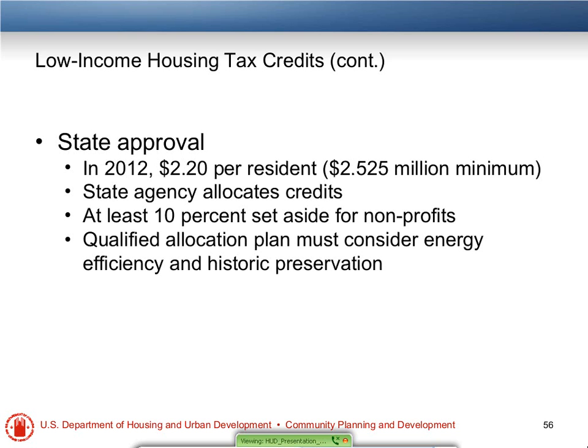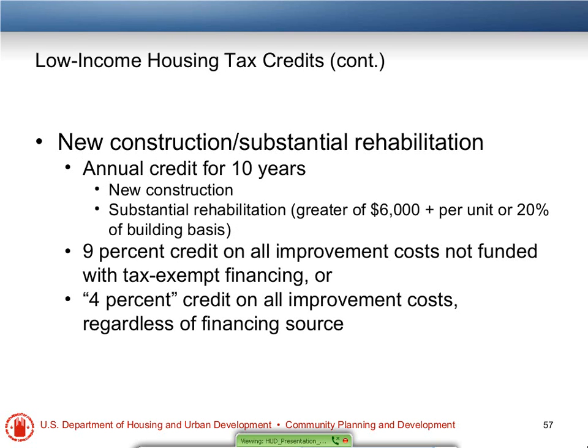In recent years, the qualified allocation plan by states needed to include energy efficiency. That was one of the federal mandates, and historic preservation. So in most states, what I've seen is they give bonus points for energy efficiency, or again for doing historic preservation as part of the project.